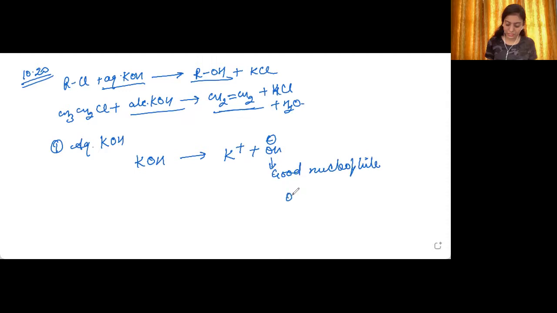Now, when it is present inside water, what will happen? It will be hydrated. Now, what is the meaning of hydration? That is, it will be surrounded by water molecules from all the sides. Like this. So this is known as solvation, and in case of when we have solvent as water, it is known as hydration. So you can draw all the water molecules around the hydroxide ion. Now when it is solvated or when it is hydrated, what happens is its basic character decreases.